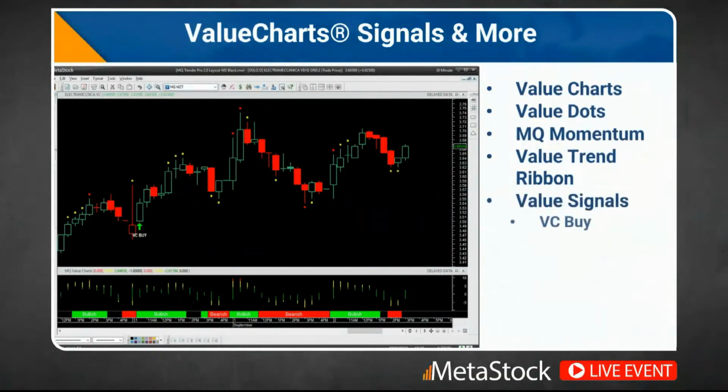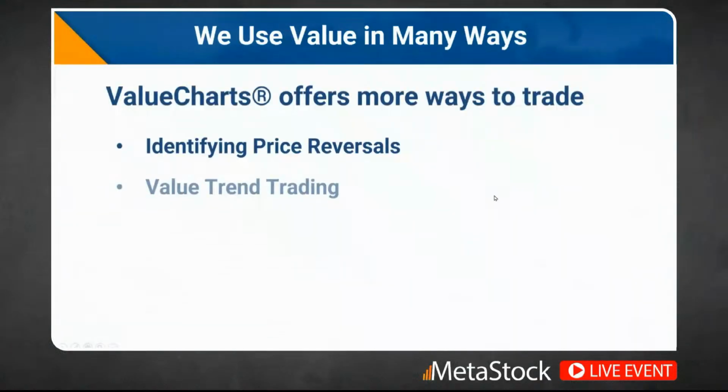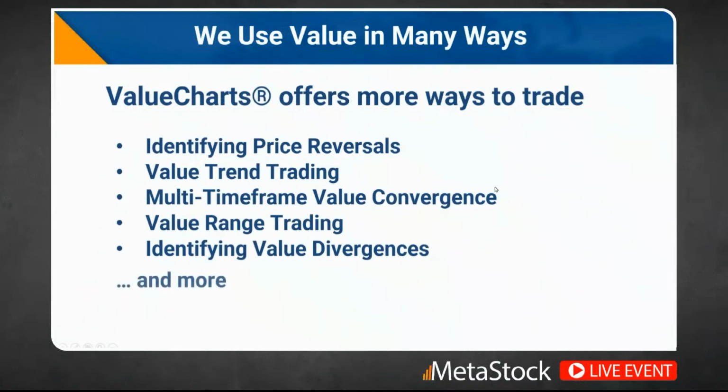All these things on the right here, the value charts, the dots, the momentum, value trend ribbon, which again incorporates the smarts of a wholly separate indicator called MQ trend that we sell. You've got your signals, your explorations, your expert commentary, and there's also other ways we can use the tool. So there's different techniques that we can apply in a more advanced way, so you can learn about those things.